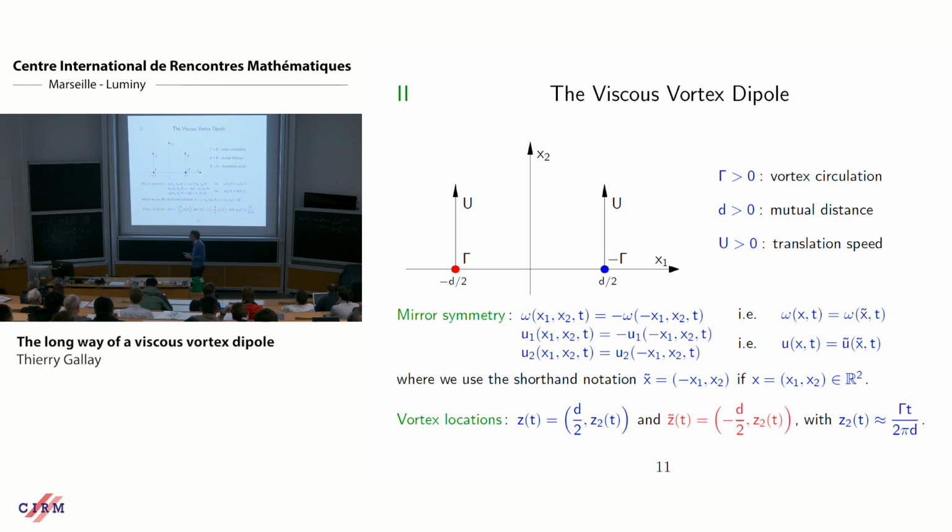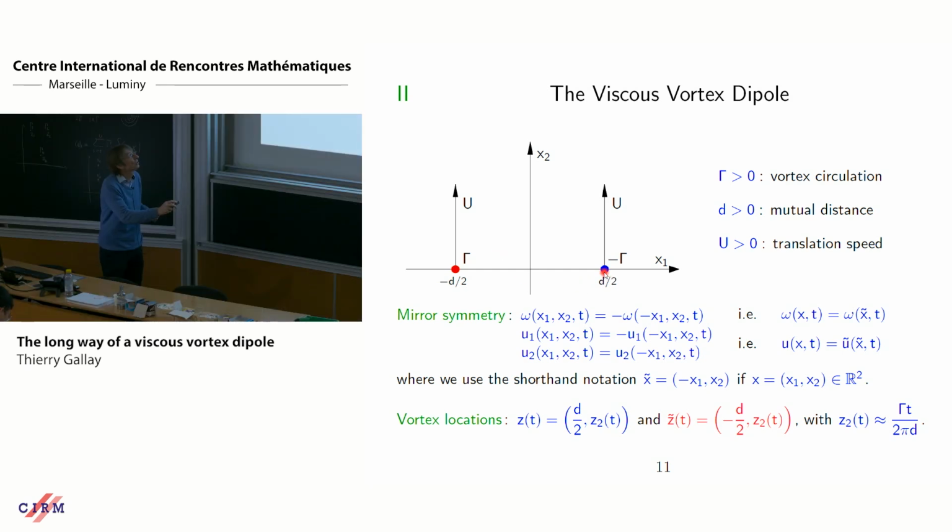So it's obvious that I have to make a change of coordinates. My coordinates are located here, which is in the middle point between the vortices, and the unit length is not the correct one. So I have to introduce new coordinates. The new origin of the coordinates will be the location of the right vortex, and the length scale of my new coordinate should be the diffusion length, so that I can see something at order 1 in space.